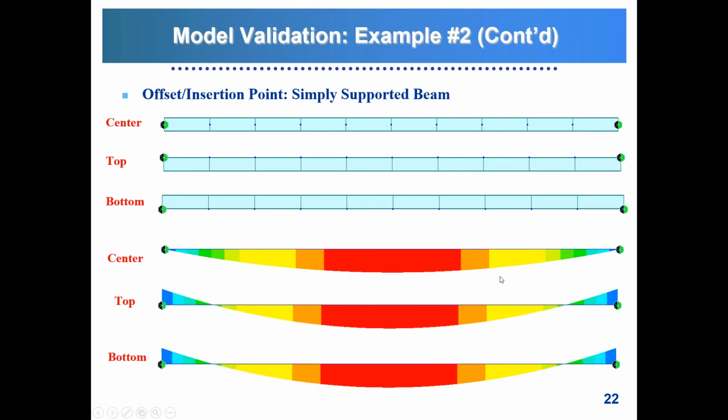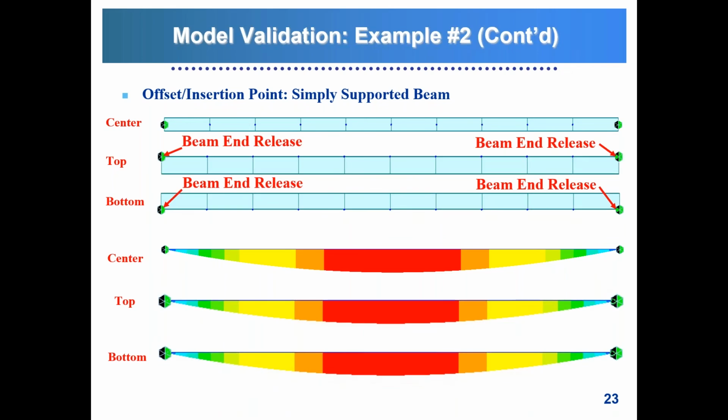Like I said, this is a result of that internal rigid link that Midas creates with the offset insertion point. It is the same issue as the first example, so naturally the solution is the same. Once you add beam end releases at the end, all 3 cases will give you the same result.